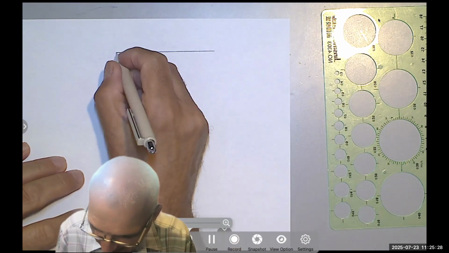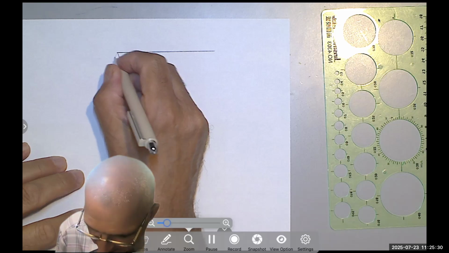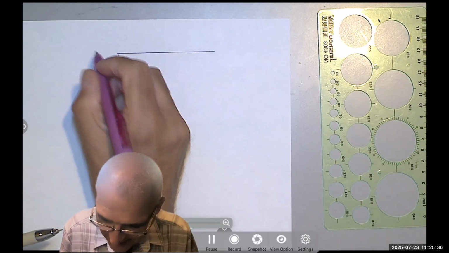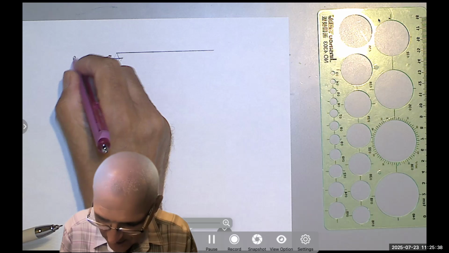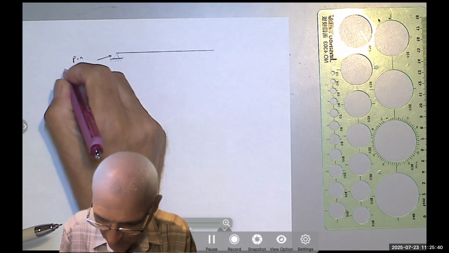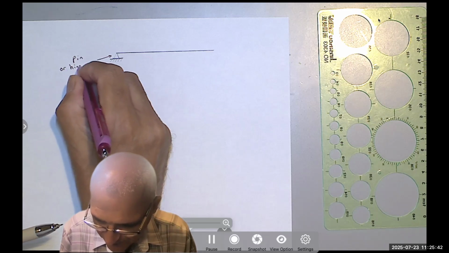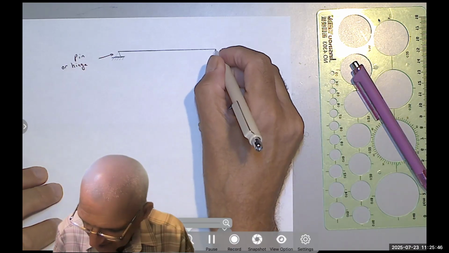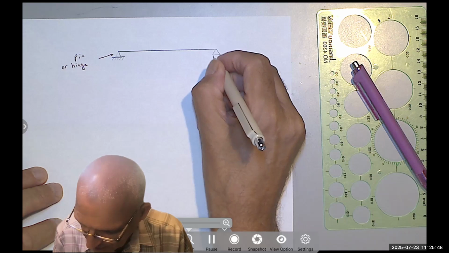Maybe on the left-hand side, I would have a pin or a hinge. So that is a pin or hinge. And on the other side, I will have something we call a roller.